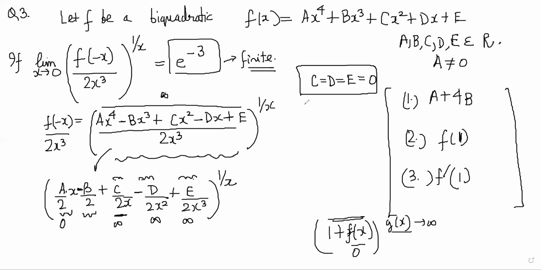If you assume that, then your equation has become a by 2x minus b by 2 to the power 1 by x, right? So now we know that this is tending to 0. This 0 part is sorted. This should tend to plus 1, right? If my limit has to be finite, it cannot be greater than 1 either.